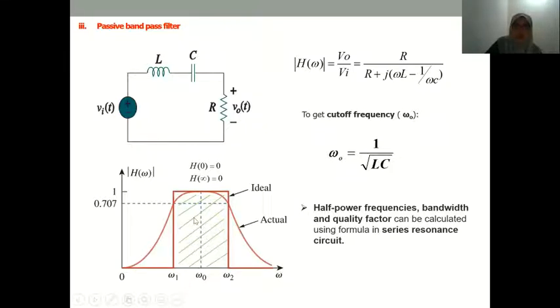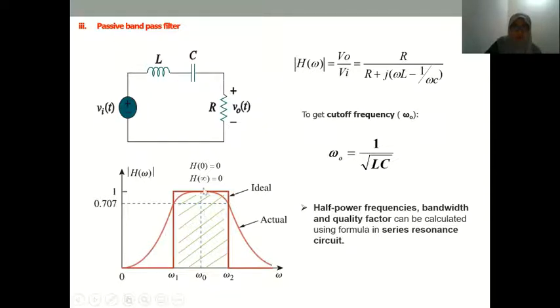For omega naught, you have 1 over square root of LC. And between this omega 1 and omega 2, the magnitude is 0.707, or 1 over square root of 2. So this is your actual curve, and this is your ideal curve.